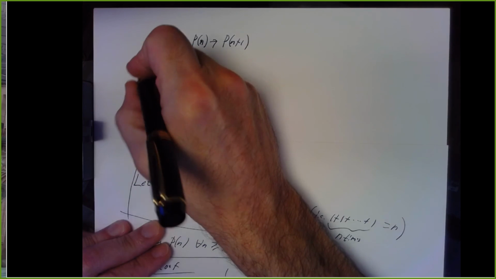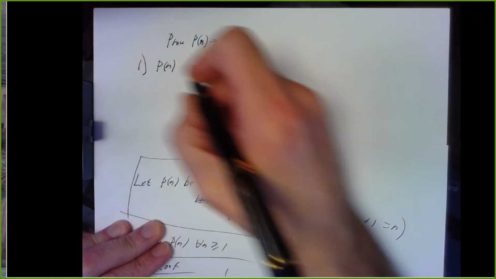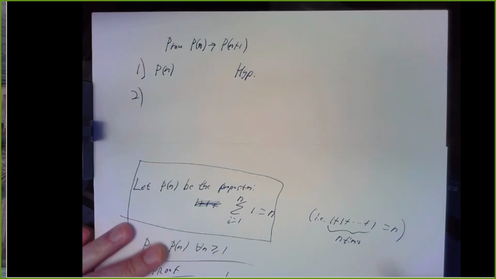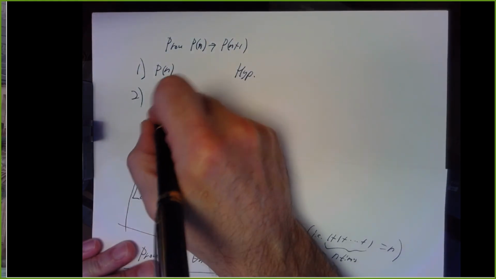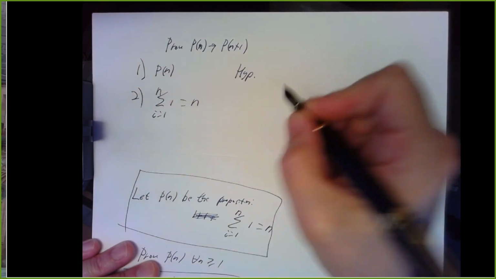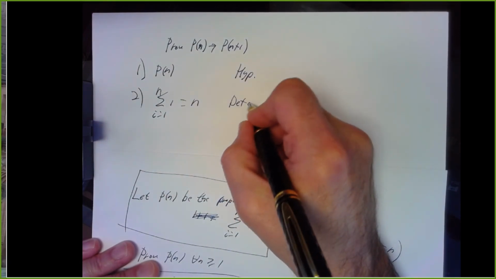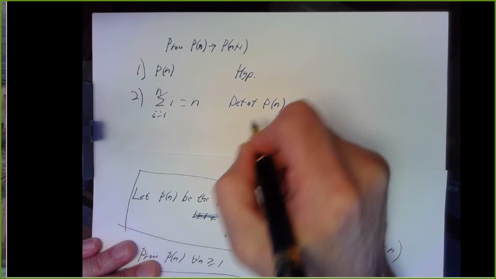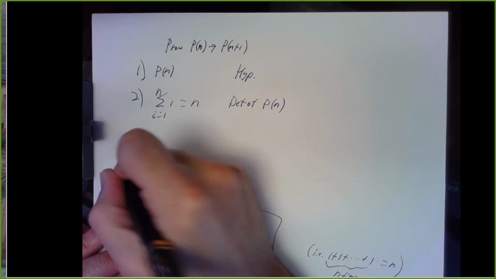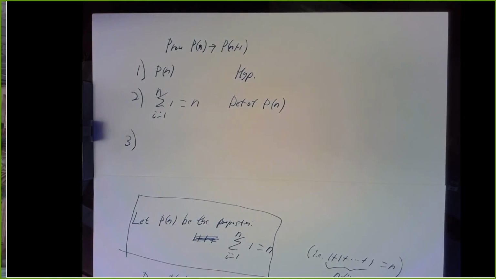Alright, so step 1, let's assume the hypothesis. Step 2, let's state the hypothesis: the sum from i equals 1 to n of 1 is equal to n. That's the definition of P of n. Without illustrating why I'm going to do this, I'm going to do the following.